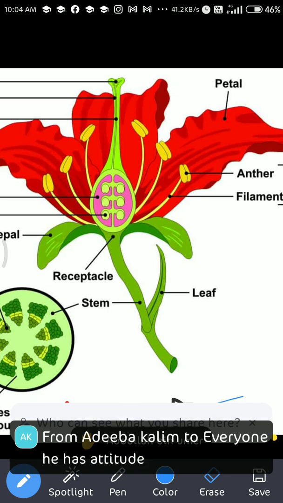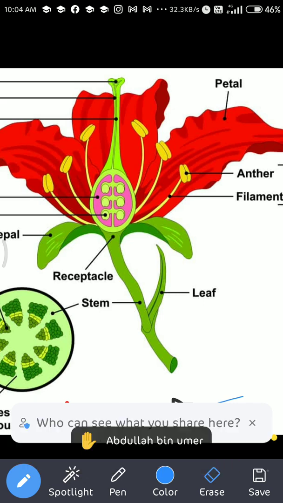Androecium is also a collection of anther and filament, and it's not one unit. If you talk about androecium, many stamens are there. Anther and filament together are called a stamen.